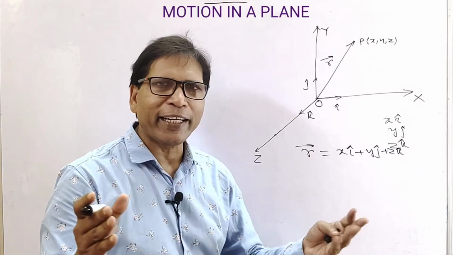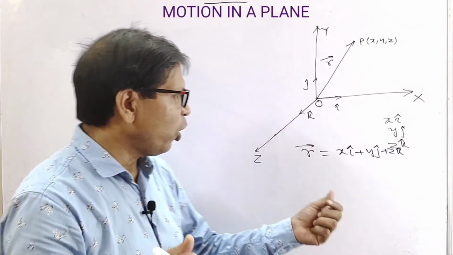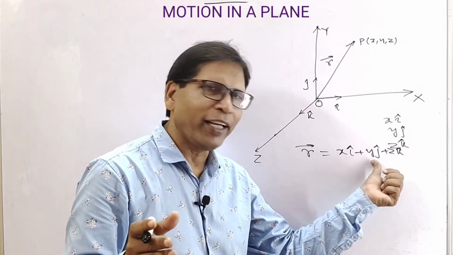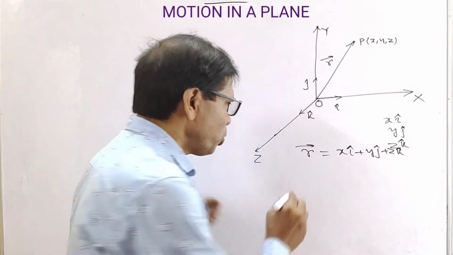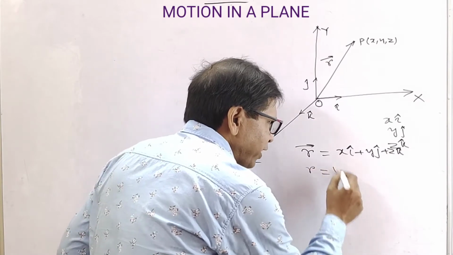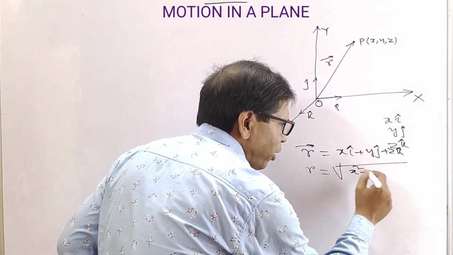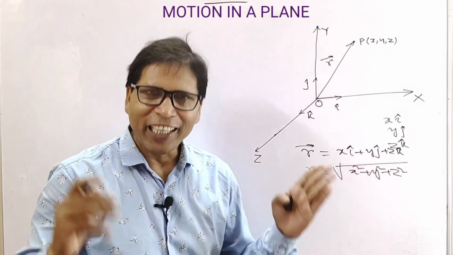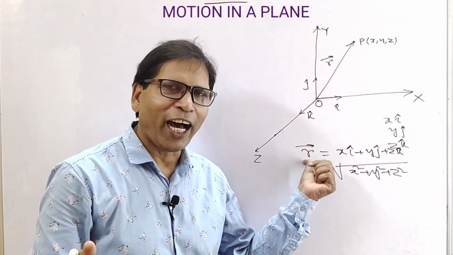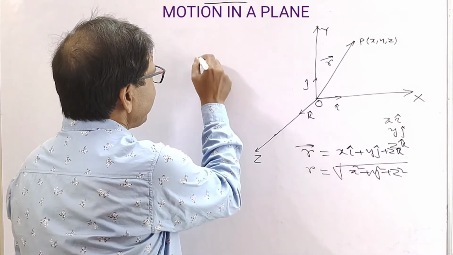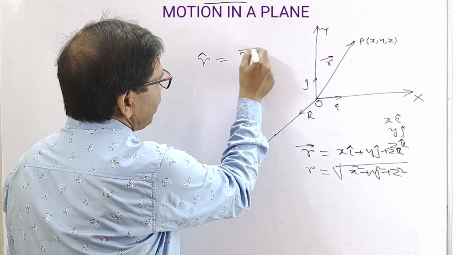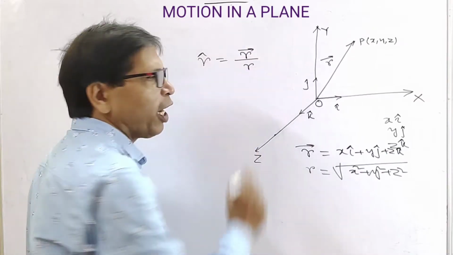Okay, now the magnitude of the r vector. The magnitude of the r vector is the length of the diagonal of a cuboid whose length is x, breadth is y and height is z. So r becomes the square root of x square plus y square plus z square. Now the unit vector along the r vector: r cap equals the r vector divided by the modulus of the r vector.